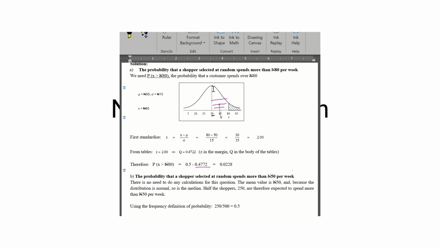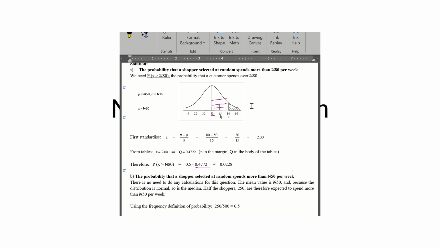We already explained earlier that the total of this side is 0.5 or 50% of the number of spenders, or the amount. So now we say 0.5 minus 0.4772, because 0.4772 is representing this area that is labeled Q. So we have 0.0228, and that is it.